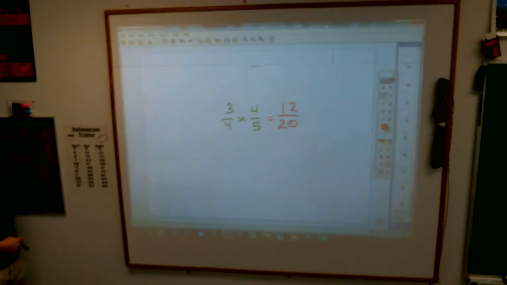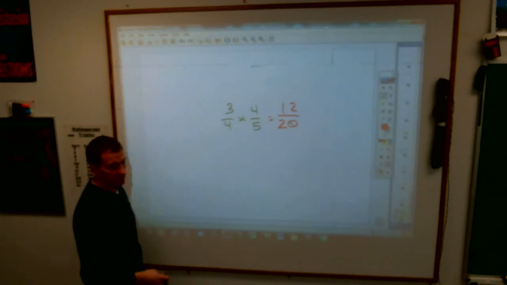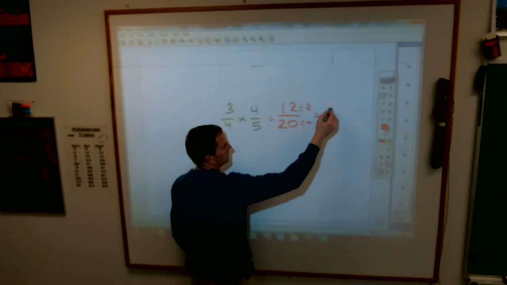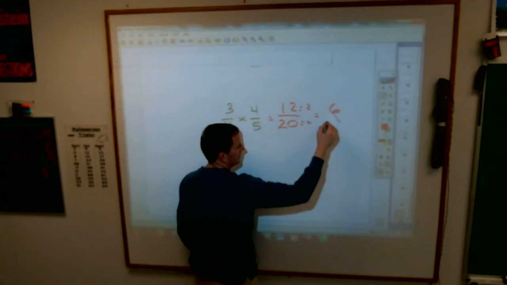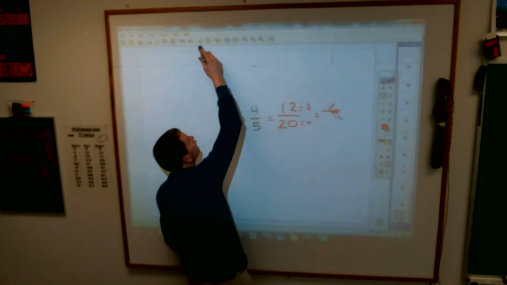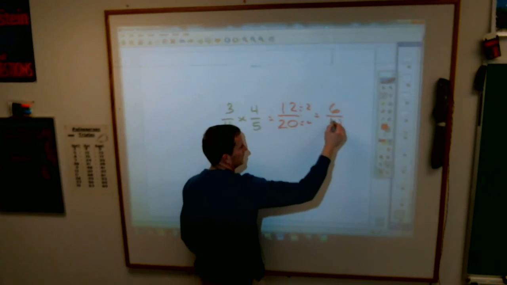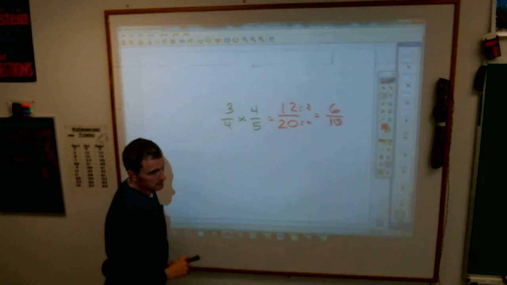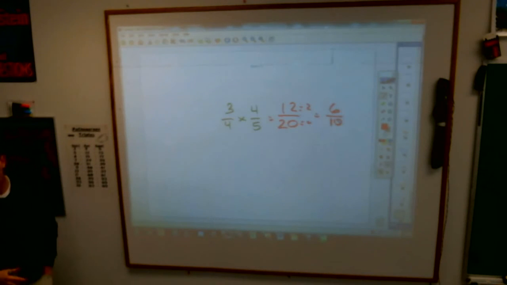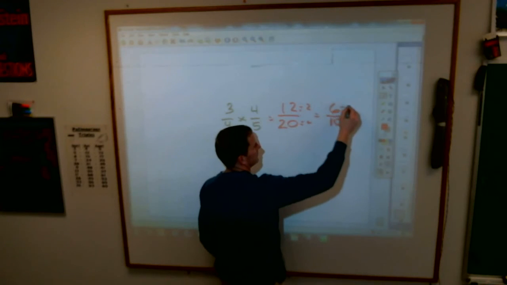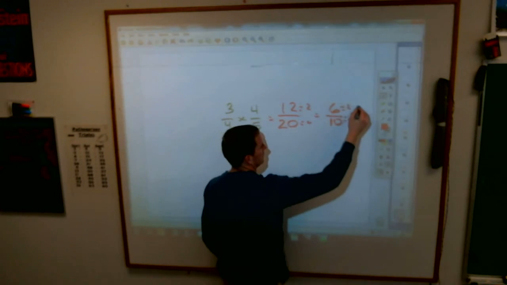Can you simplify it? Which is just what number goes into 12 and 20 that you can reduce them by? So if you do 2, you end up with 6 over 10. You have to then look at 6 over 10 and say, can I reduce it some more? Can 6 over 10 be reduced? By what, Matthew? You have to reduce it by 2 again, which gives you 3/5.